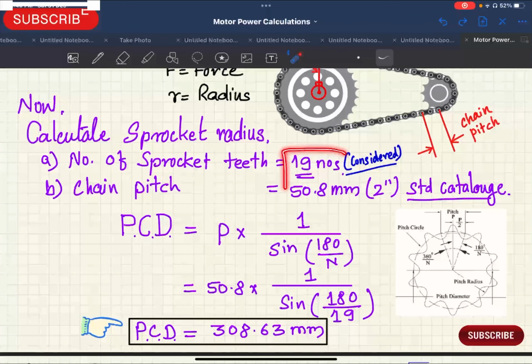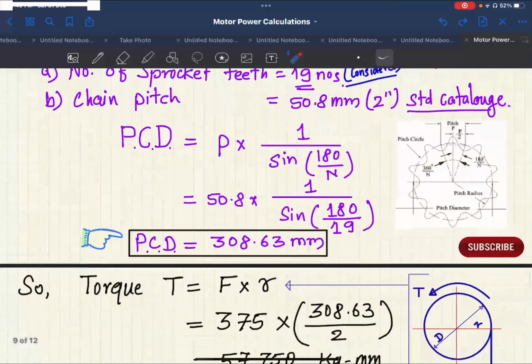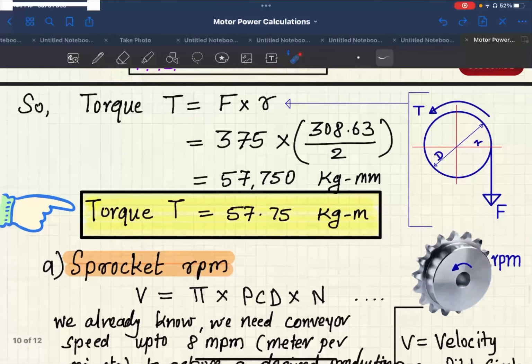By putting these two parameters into the formula, we get a value of 308.63, which is the PCD, pitch circle diameter of the sprocket. You can see with this figure where exactly 180 upon N came from and P by 2 came from. So we have now calculated the PCD of the sprocket.